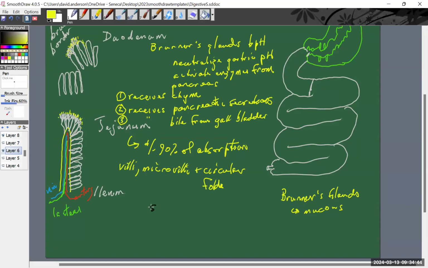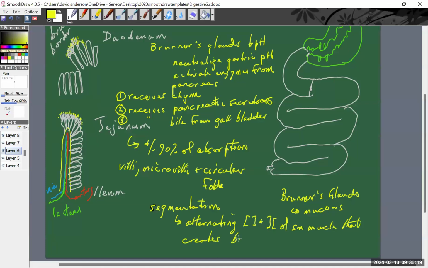So segmentation is a unique feature to this, primarily the jejunum of the small intestine, where we get alternating contractions and relaxation of the smooth muscle that creates a back and forth of the contents in the small intestine, back and forth movement of chyme.